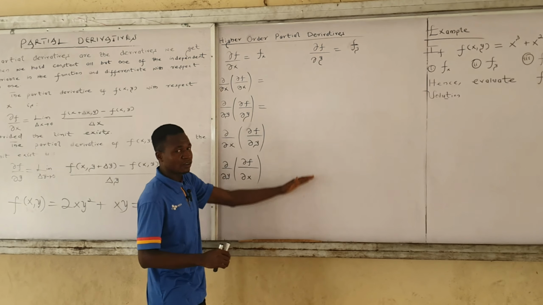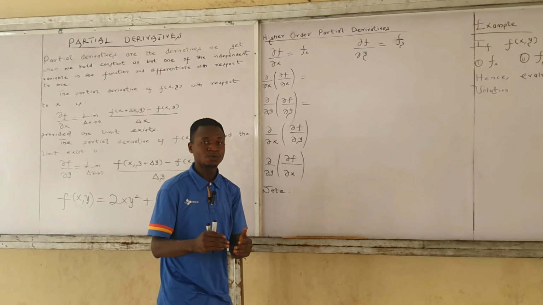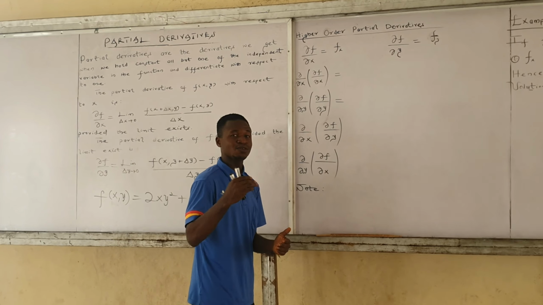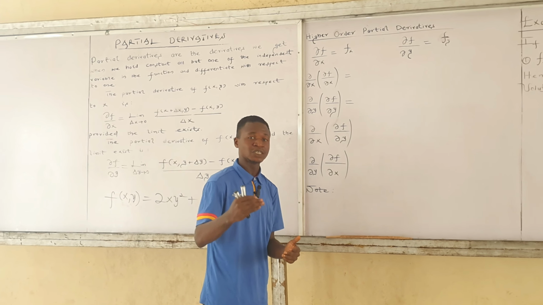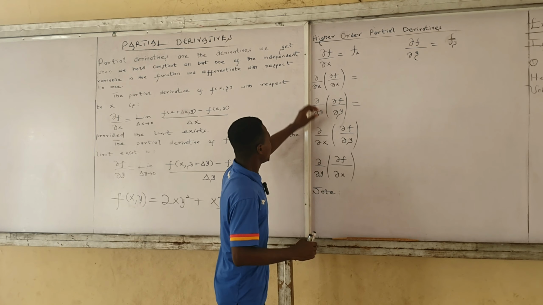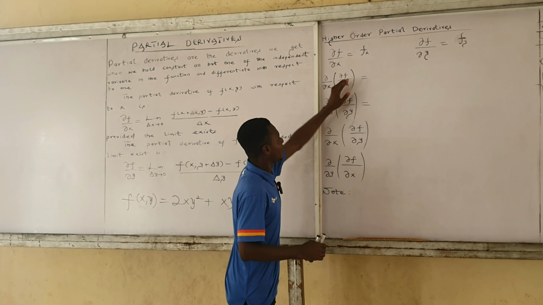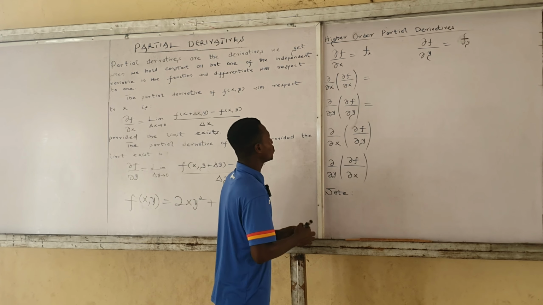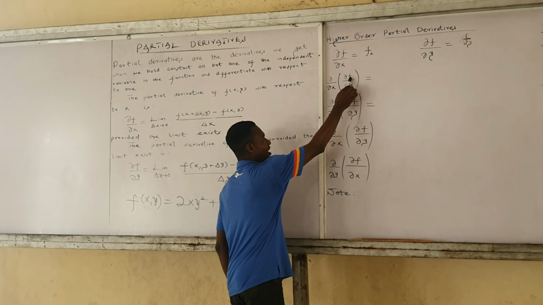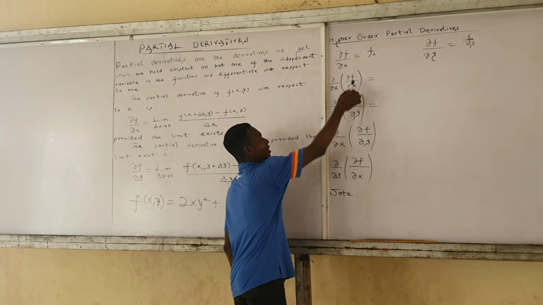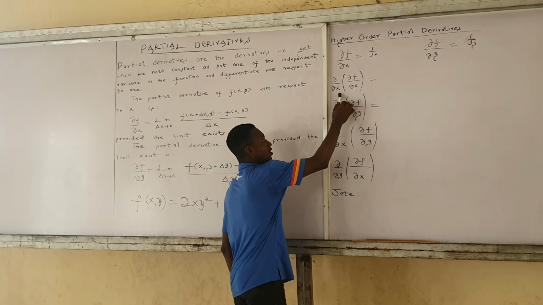Then when we go further to higher order derivatives, we can see cases whereby we have to partially differentiate a function twice. So in this case we have ∂/∂x of ∂f/∂x. What does this mean? It means that we should differentiate the function f with respect to x, then differentiate with respect to x again.